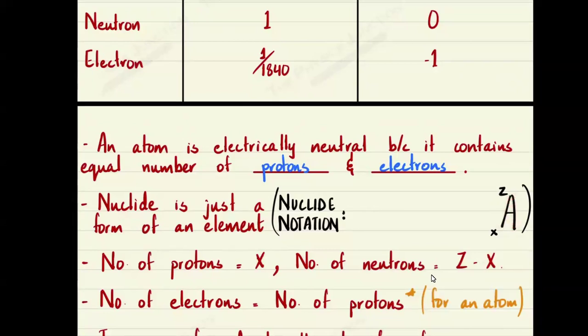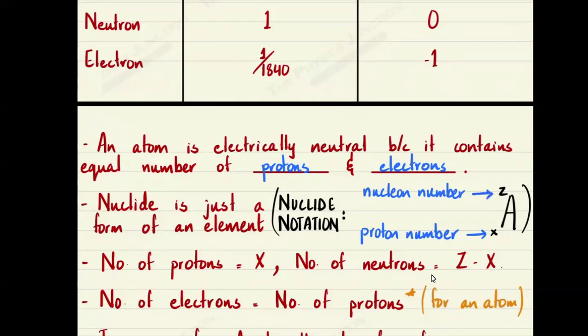This is the symbol for your element. This X is the proton number, which basically tells us the number of protons that are there in this atom, and Z is called the nucleon number. And nucleon number means this tells us the total number of nucleons.